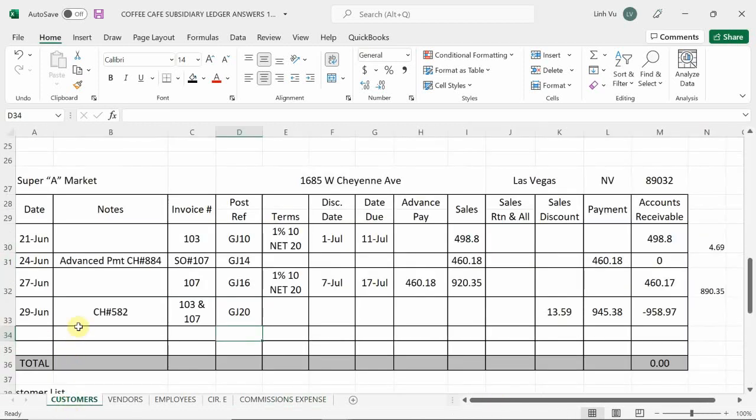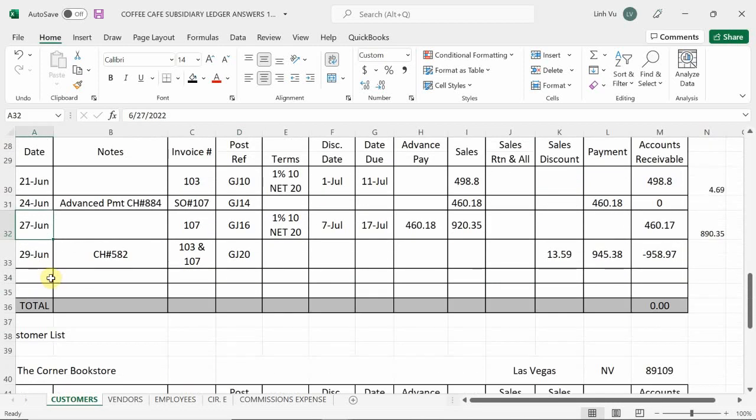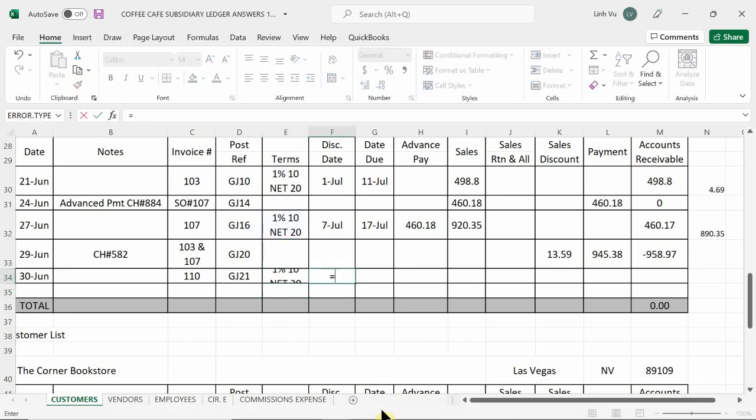Then we'll go to our customers and figure out how much Super A owes us now. Since they made a payment last time on the 29th, we just delivered another invoice to them. General Journal 21. 1% 10 net 20.